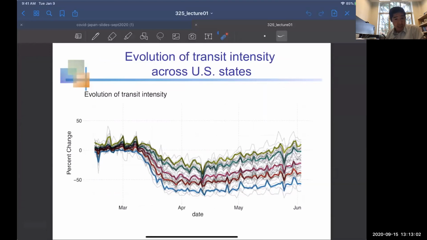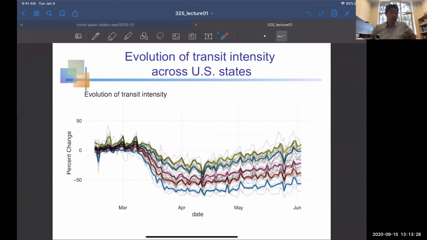This is a similar thing. So this is coming from the so-called Google Mobility Report. Google makes it publicly available, some measure of the transit intensity across different US states, actually across all over the world, okay?